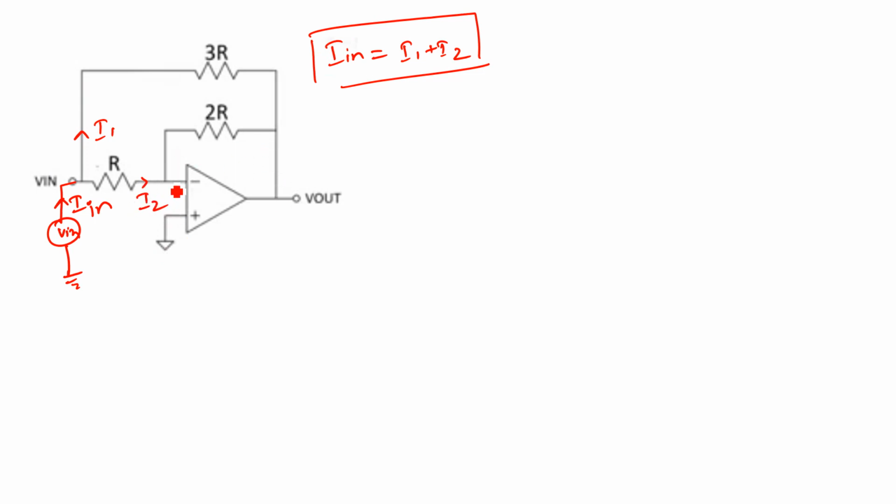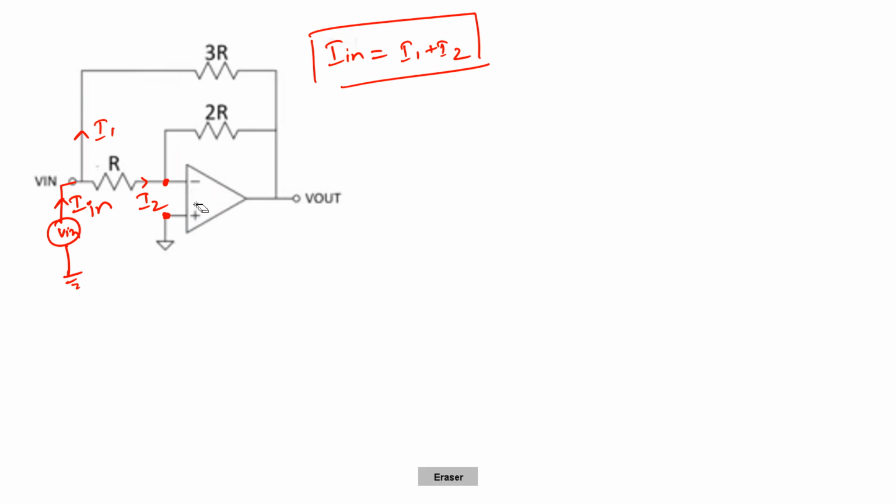If we see here, by applying the golden rule for op amps, we are considering an ideal op amp. The non-inverting terminal is at ground potential, and so the inverting terminal will also be virtually grounded. The current flowing through the resistor R will be the same current flowing through this resistor 2R, because no current will be flowing into the inverting terminal.